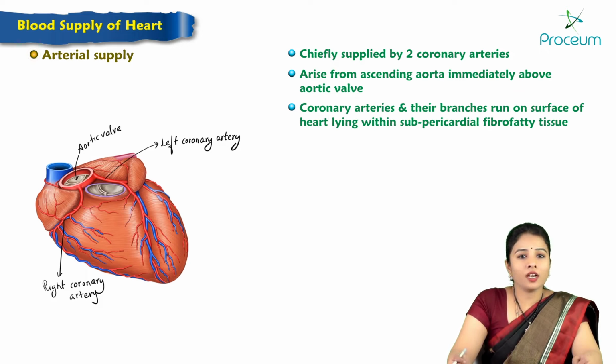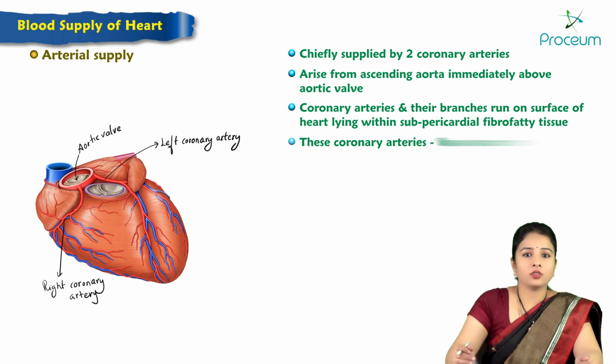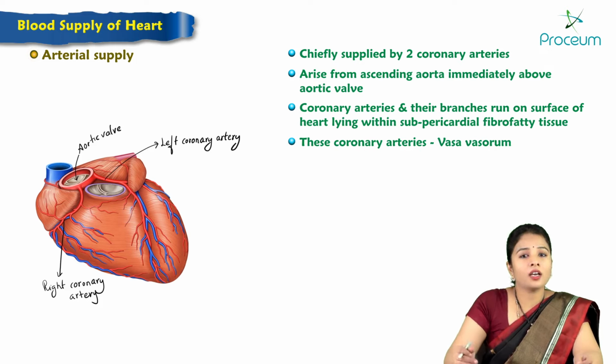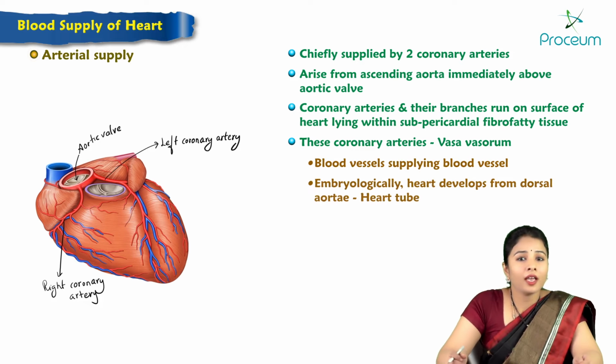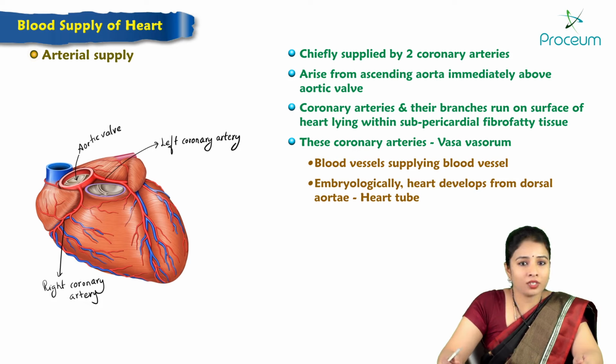The coronary arteries and their branches run on the surface of the heart, lying within the subpericardial fibrofatty tissue. These coronary arteries are considered as vasa vasorum, meaning the blood vessels supplying a blood vessel, because embryologically heart develops from dorsal aorta.